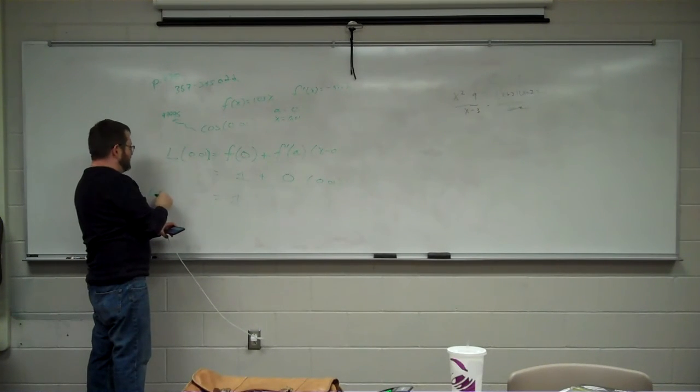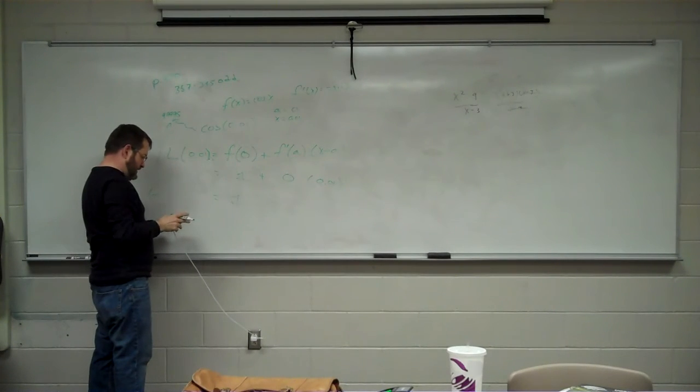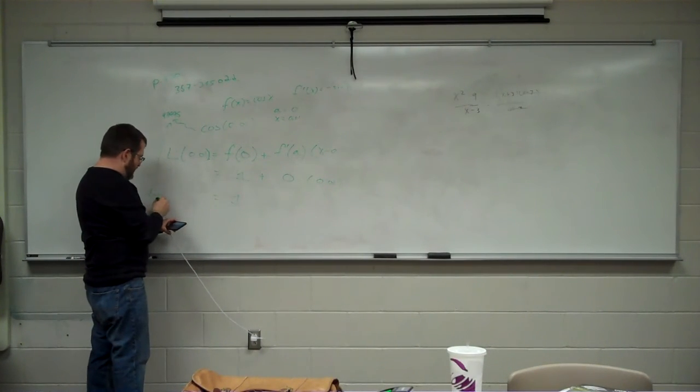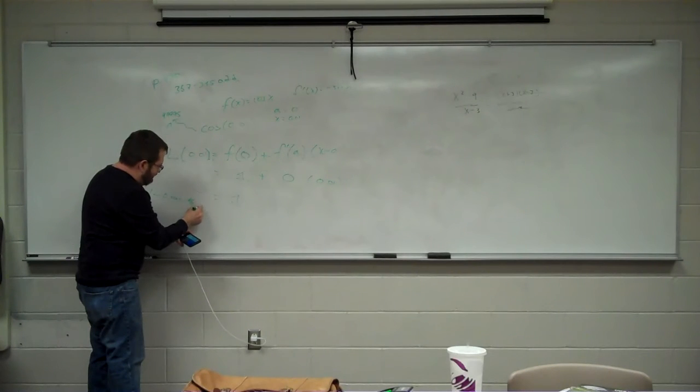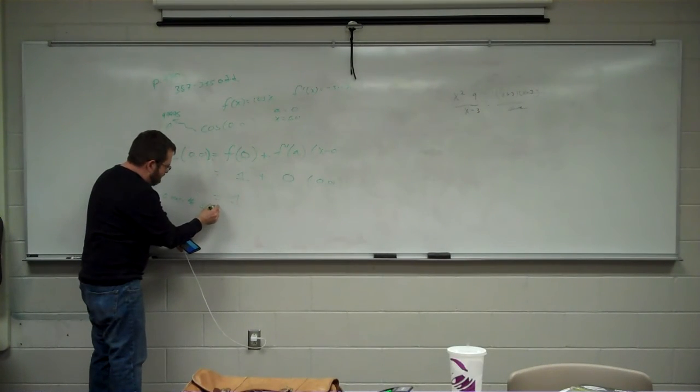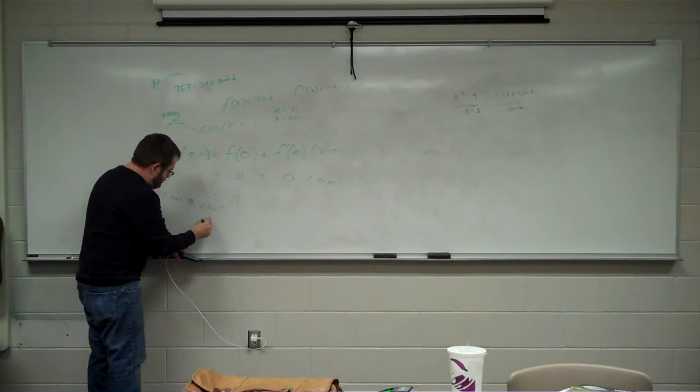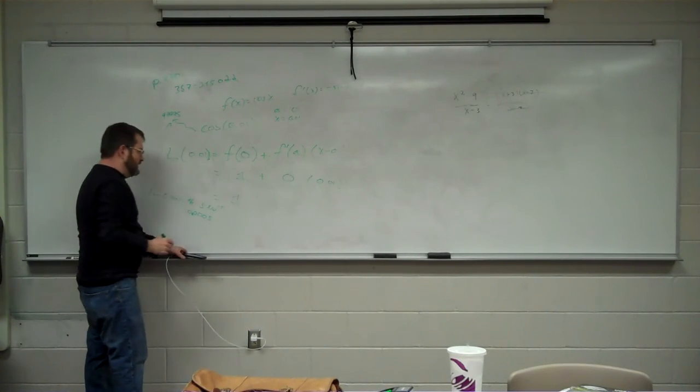So 1 minus the cosine of 0.01 is equal to 5 times 10 to the negative fifth. Is that what the book gives?